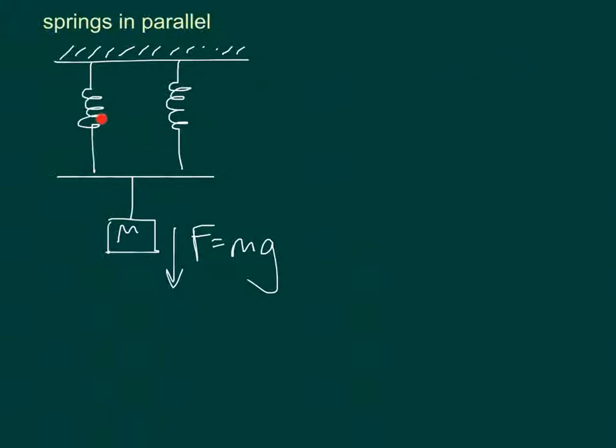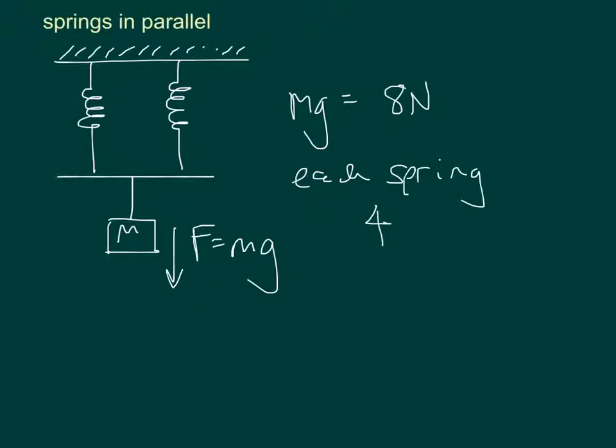But here I've got two springs, 1, 2, and the force is divided amongst those springs. So each spring contributes to the overall force resisting the force that's pulling them down. So, for example, if my mg equals 8, then each spring contributes 4 newtons to resisting that weight if it's in equilibrium.